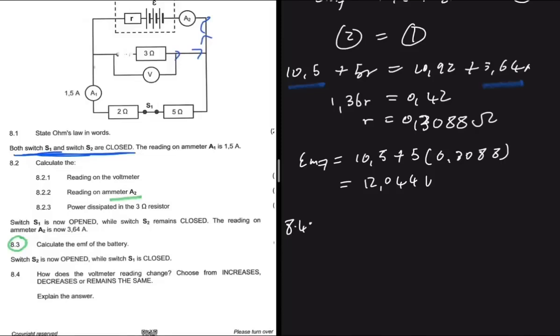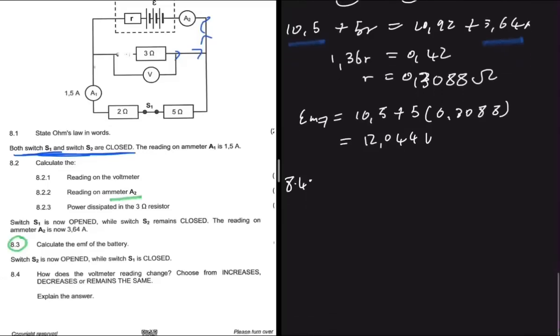So the voltmeter is reading V external, right? What will happen to V external when that switch is open? The first thing to realize is that R external increases. But if R external increases, and we know that I is equal to V divided by R, then current decreases.